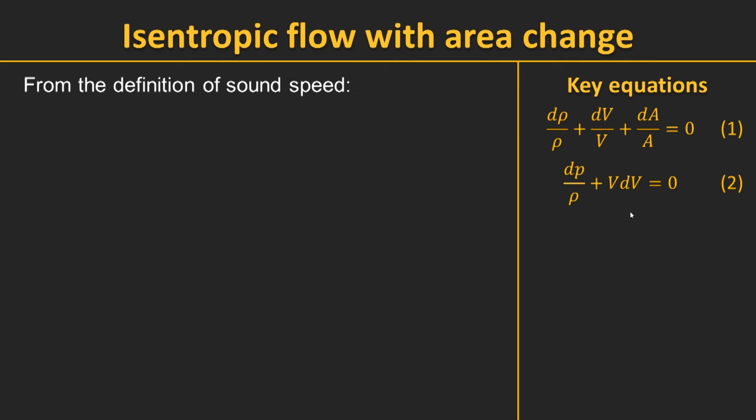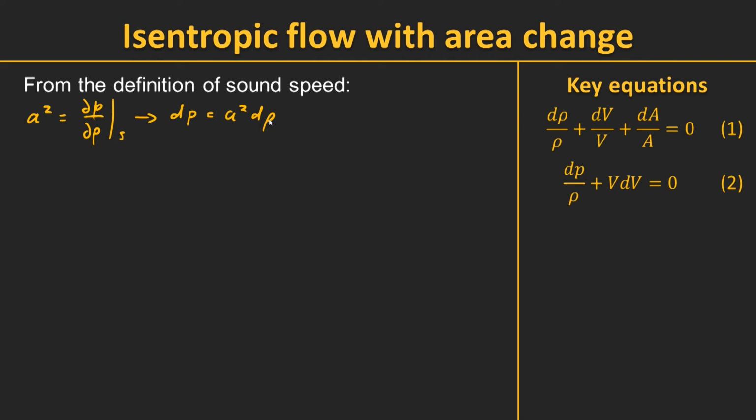And one way we can do this for this isentropic flow is from the definition of the speed of sound, which is a squared equals ∂p/∂ρ at constant entropy. Now because our flow is already isentropic, this tells us that dp is equal to a squared dρ.